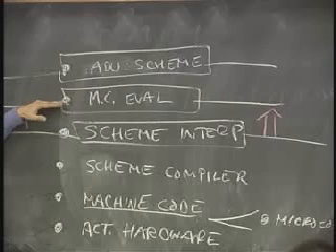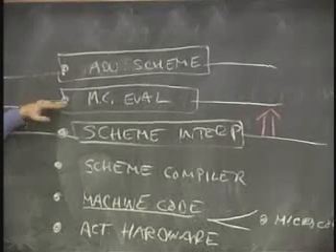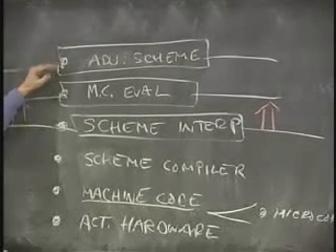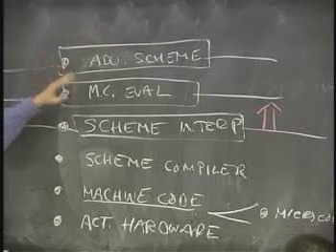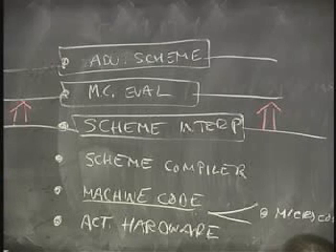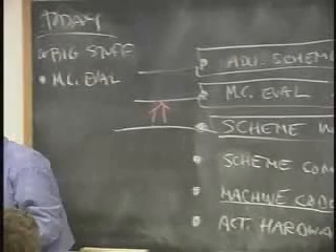And above the metacircular evaluator, we now use the MC-eval to implement a new kind of Scheme, ADU Scheme, which is in fact just a reduced Scheme with tags in front of each of the identifiers to make it clear what's what.